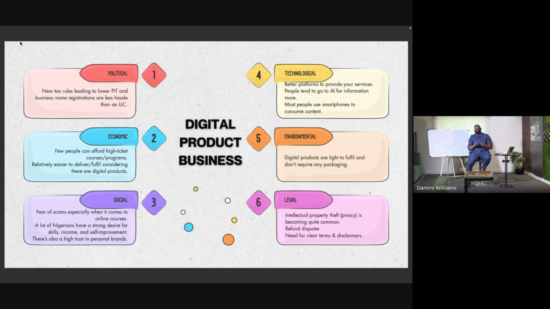Now, when you have all this, you have your situational analysis for your own business, your Porter's Five Forces competitor analysis, and your PESTEL analysis. You take all this and feed it into a SWOT analysis: your strengths, weaknesses, opportunities, and threats.